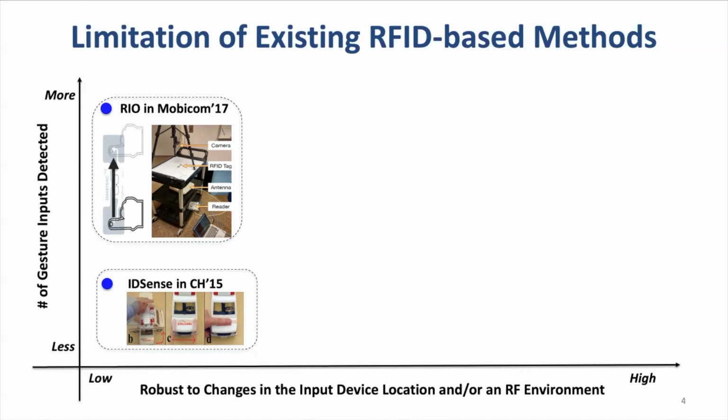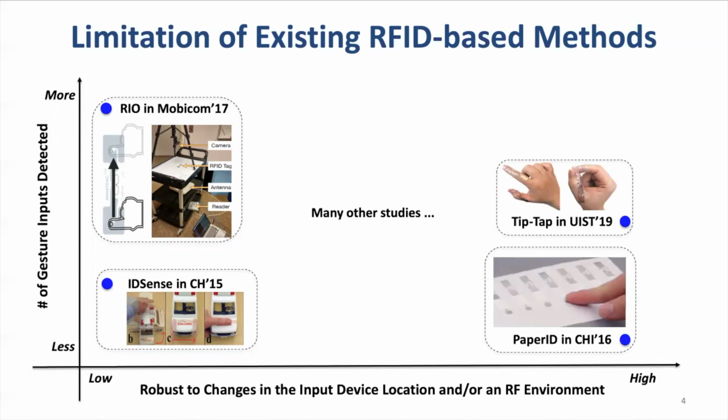To solve the robustness issue, other papers use the ID information of tags to detect finger inputs, which is robust, but they have a limited number of gestures. Ideally, we want a system that is not only robust, but also enables multiple input gestures. That is our goal.